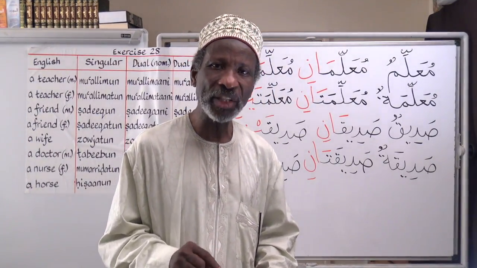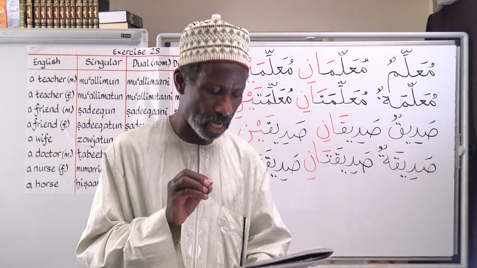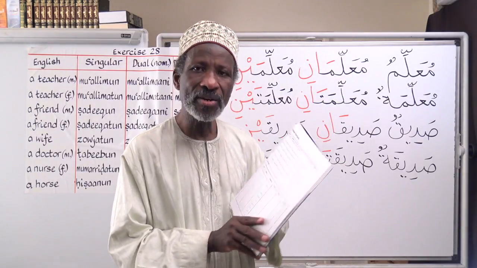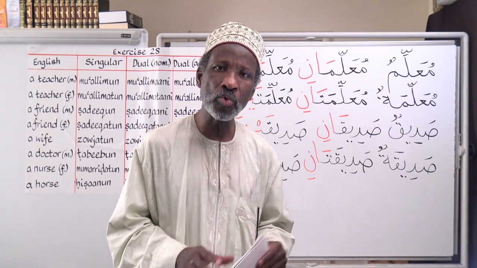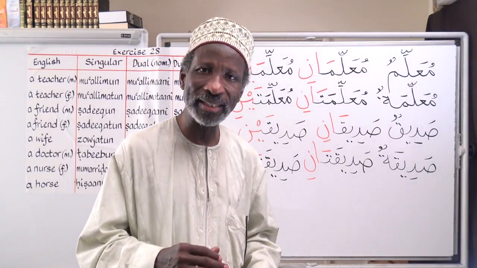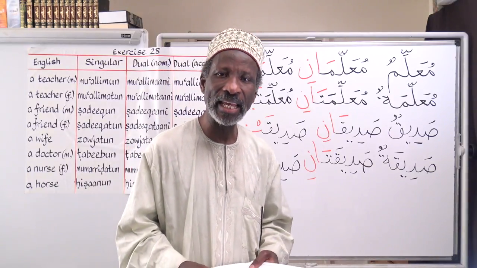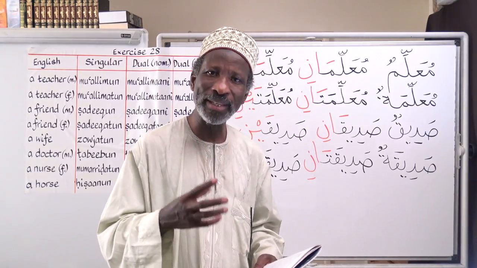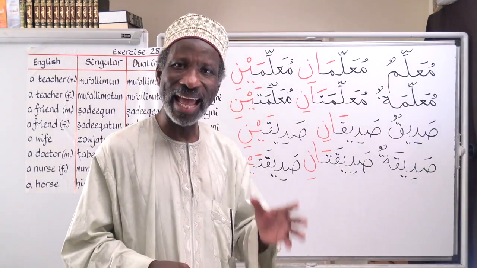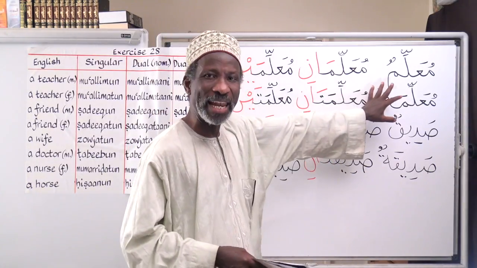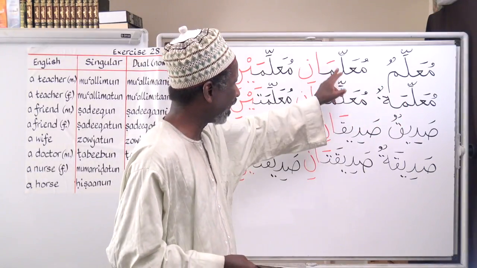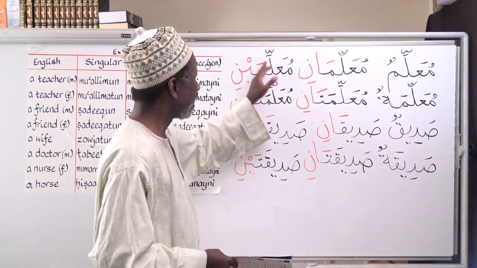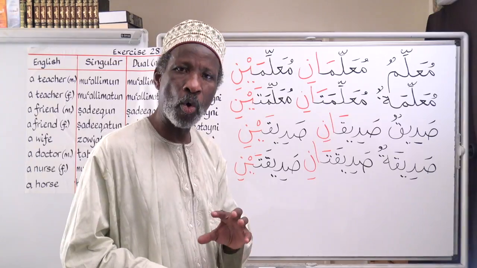Still working on page 36. Let's do exercise 28. And what needs to be done on this page is really an implementation of the rules and principles that we have just learned and established. And that is to say, if you want to convert a singular noun to become dual, you do the changes to the end as explained, such as muallimun, a male teacher, muallimani, the ani ending, and that is the nominative case, muallimayni, and that is the accusative or genitive case.